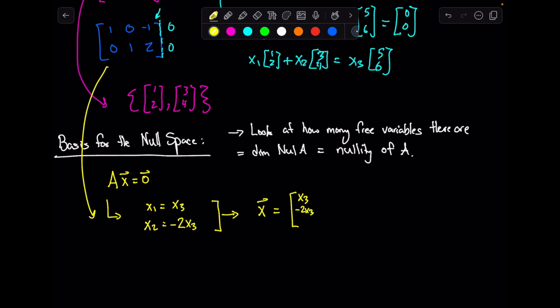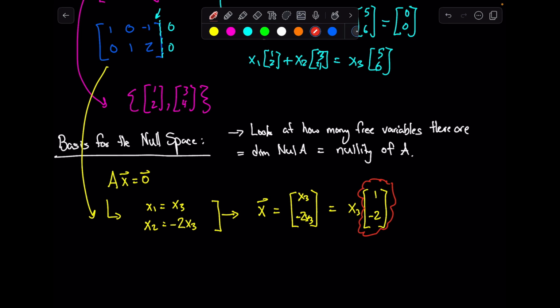This is in two-dimensional space, so this just gives us x3 times the vector 1, negative 2. And this right here is your basis vector for the null space of A.